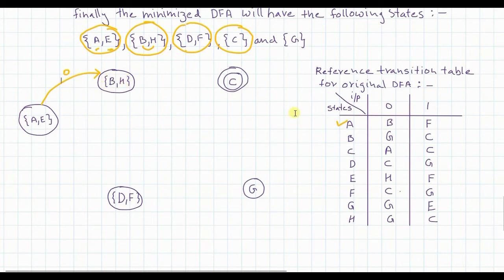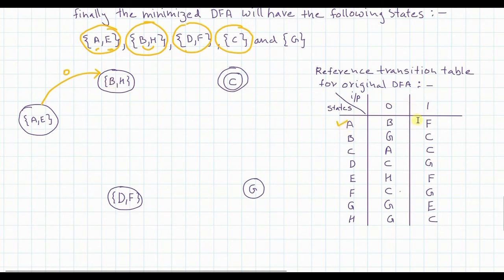Why am I pointing to this particular cell? Because I know now that B and H are equivalent. Whether you call it B or H, it is the same. So AE on 0 should go to that particular subset where B is one of the elements. Very simple.